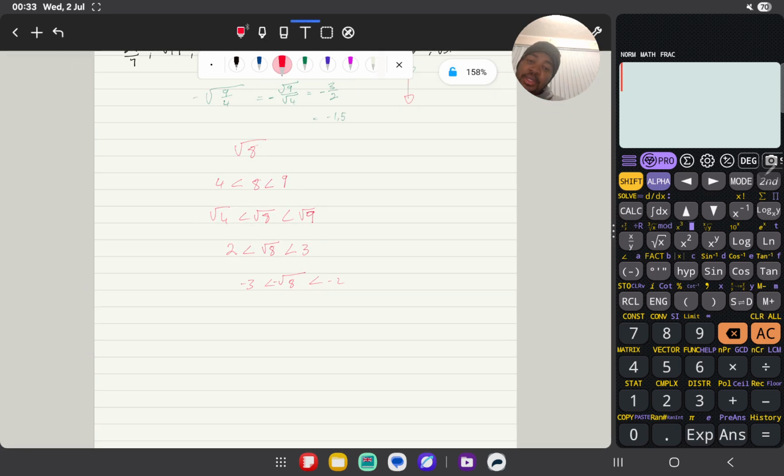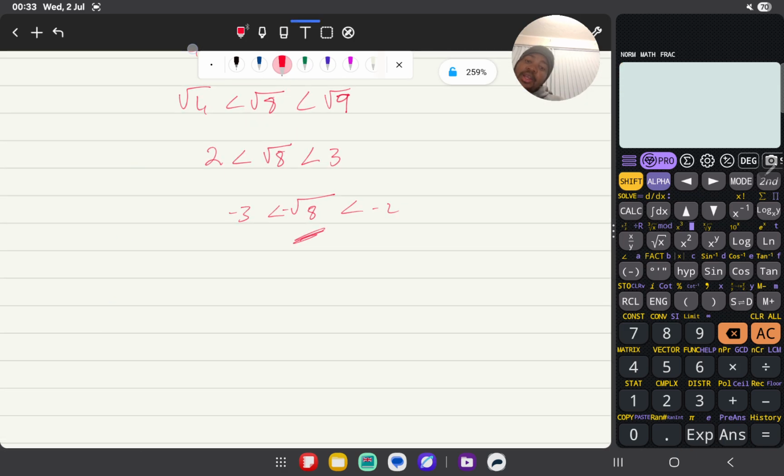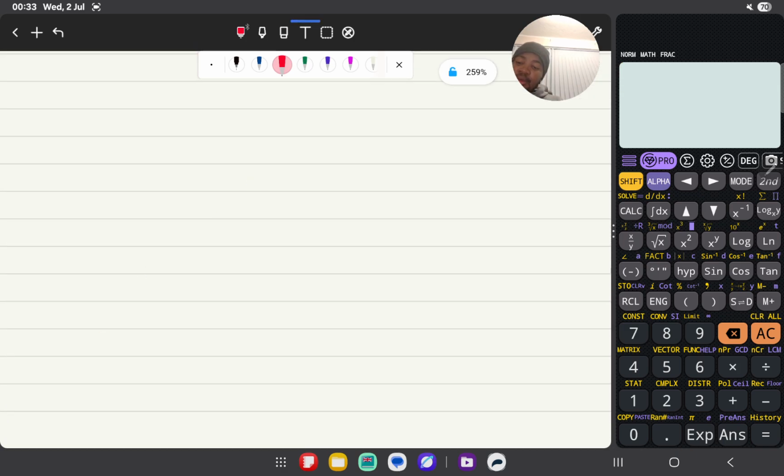So that means between this number and this one, this is the smallest one, and then follows this one. If I write it down here, I'm gonna have negative square root of 8, then negative square root of 9 over 4, right?